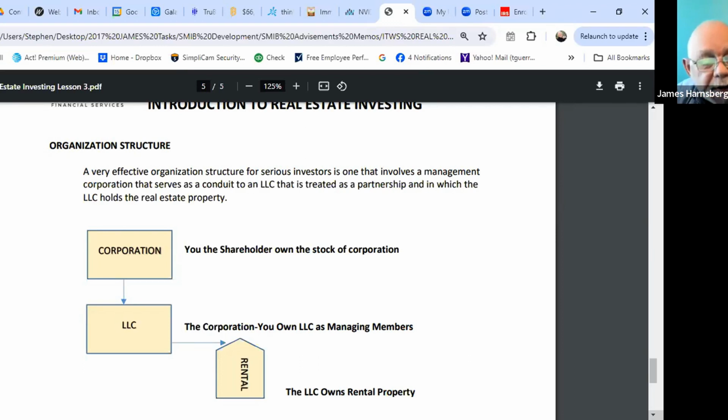The LLC now owns title to the rental property. I don't necessarily have to sell the rental property. I can sell the shares of the LLC. I don't need to make an asset sale. I can do a stock sale. That gives me a very, very, very different way to do planning.